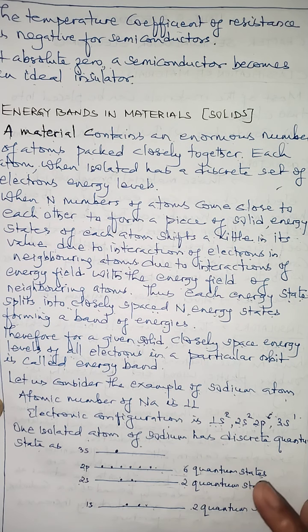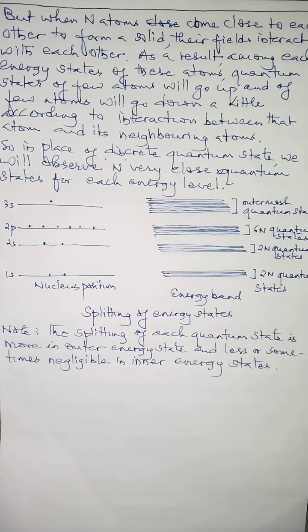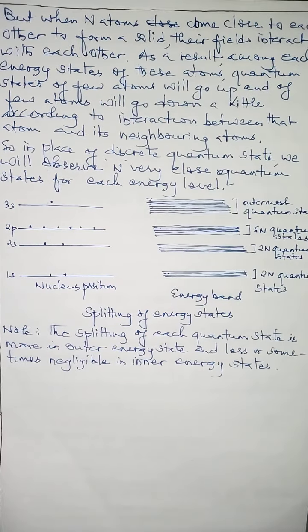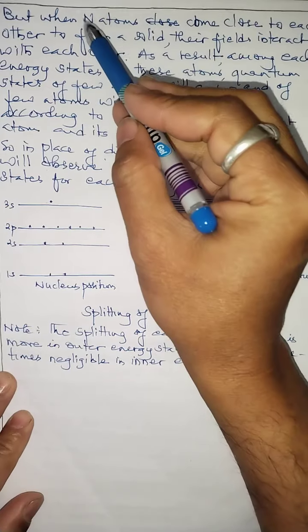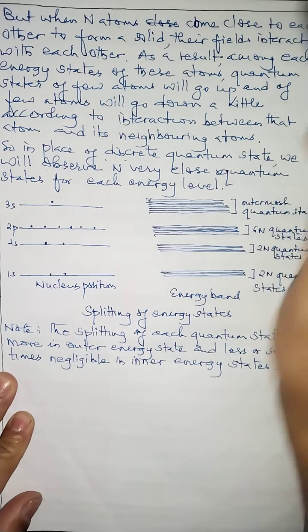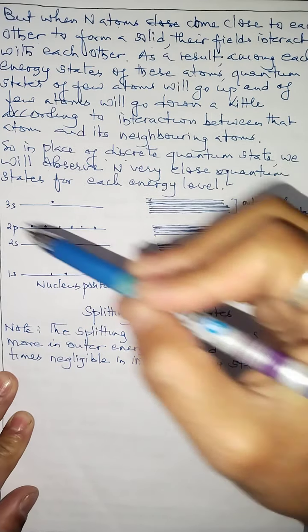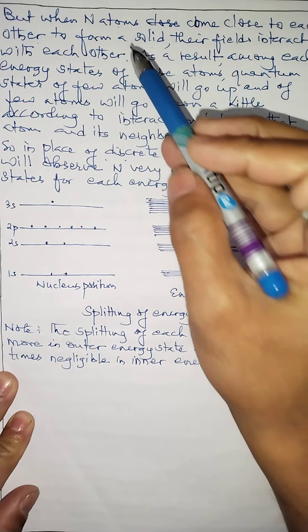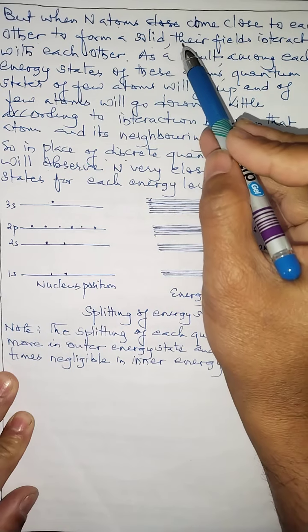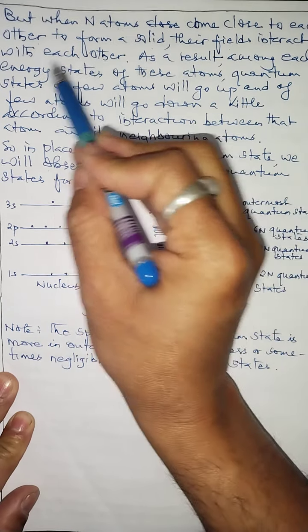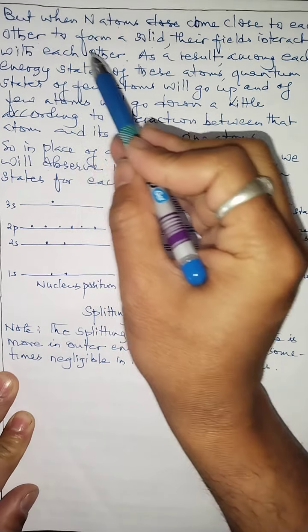In the case of an isolated sodium atom, the energy levels acquired by all the electrons in the different orbits are discrete energy levels. Discrete what? Energy levels. But when n atoms come close to each other to form a solid, because a solid consists of a number of atoms which come closer to each other, then their fields interact with each other.